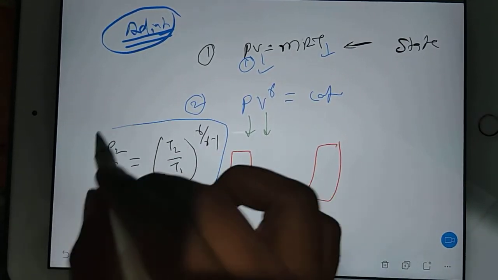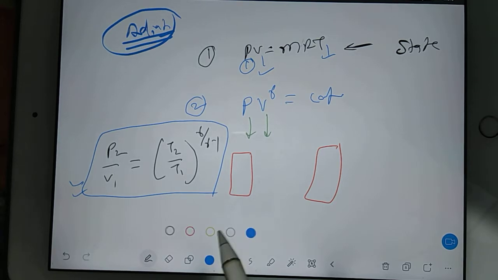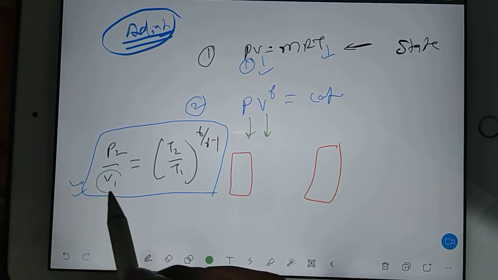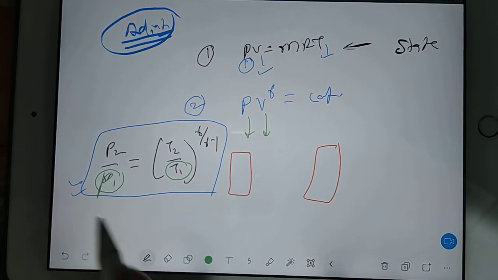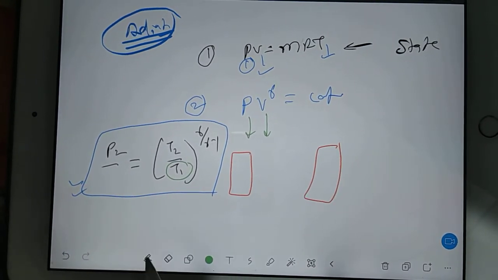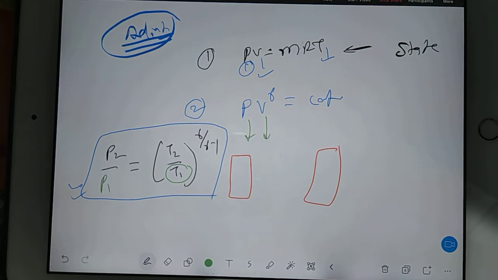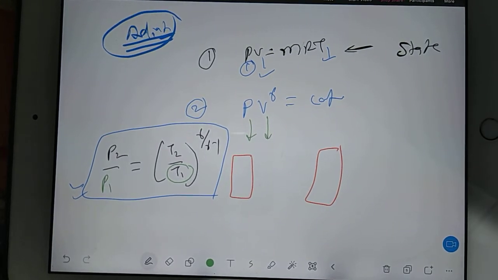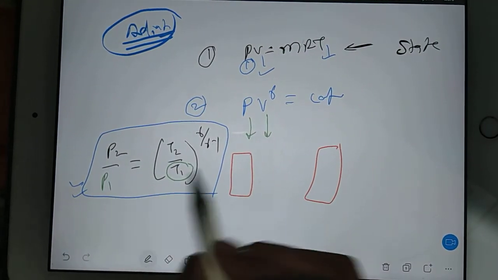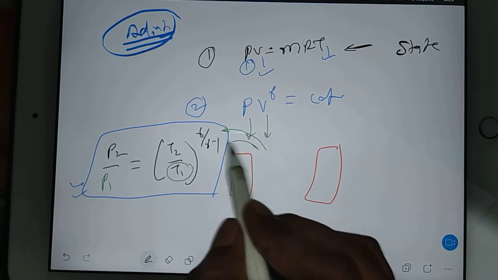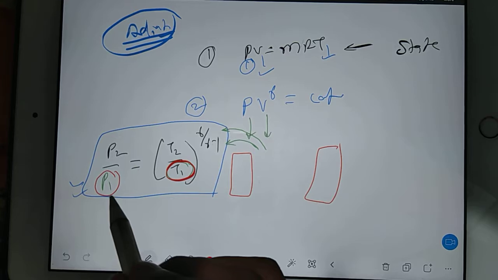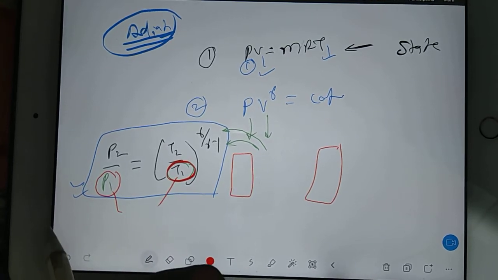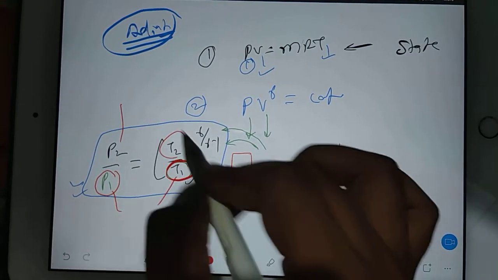So this equation says if you know the values of one state, actually it is P1, handwriting mistake, P2 by P1 is equal to T2 by T1 whole power gamma by gamma minus 1. By using this equation you can find out your state change. In this equation, if P1 and T1 are given for state 1, and for state 2 suppose P2 is given, then you can find out T2.